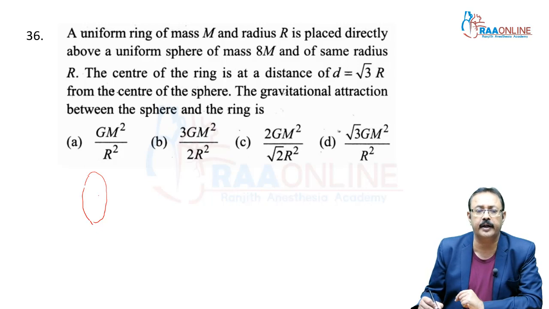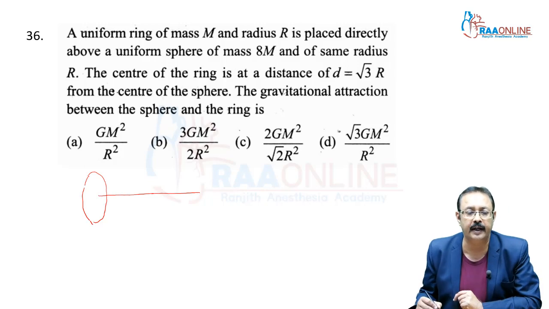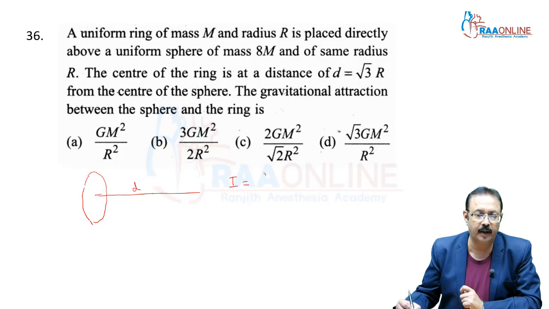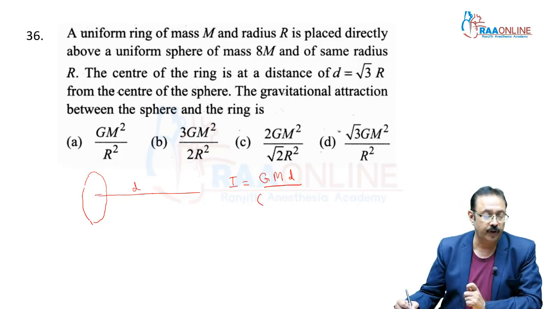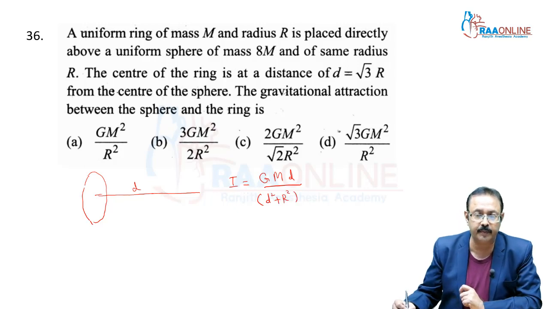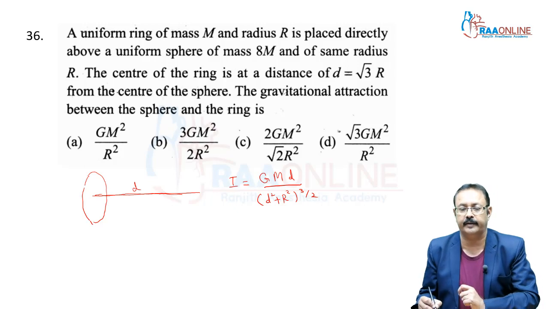The gravitational attraction between the sphere and the ring is? We know the intensity at the ring at distance d, the intensity of the gravitational field, we can calculate by the formula GMd upon d square plus r square raised to the power 3 by 2. We studied this in electricity. It is the formula for the intensity of the gravitational field at a distance d from the center of the ring.